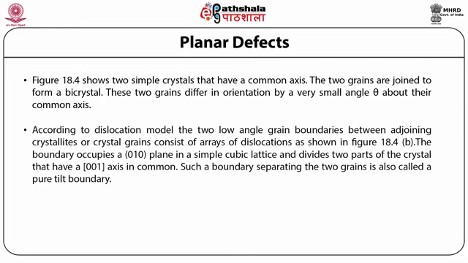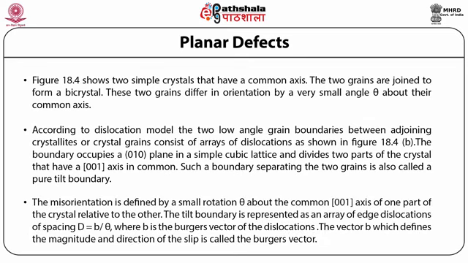According to the dislocation model, the low-angle grain boundaries between adjoining crystallites or crystal grains consist of an array of dislocations, as shown in Figure 18.4b. The boundary occupies a 010 plane in a simple cubic lattice and divides the two parts of the crystal that have a 001 axis in common. Such a boundary separating the two grains is also called a pure tilt boundary.